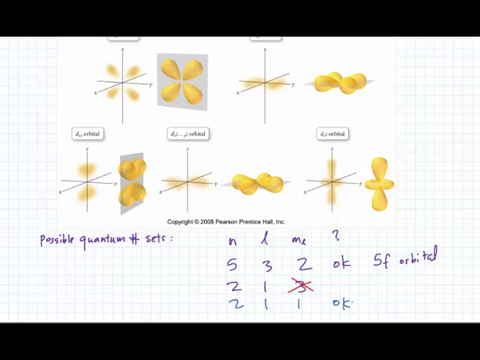What would we call that? Yep. And since ml can go -1, 0, +1, that would be the third of that group of 3. So don't forget, l starts at 0. That's what everybody forgets.